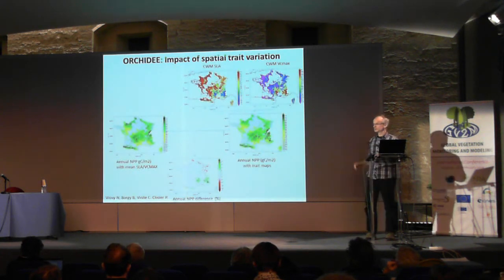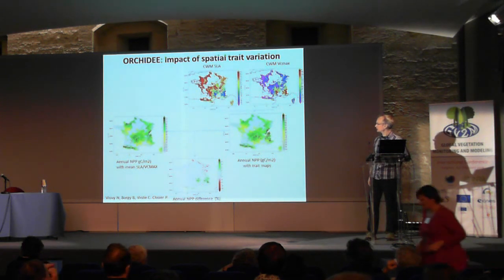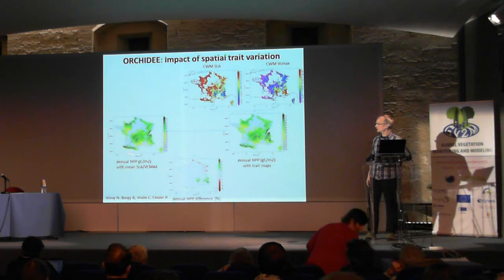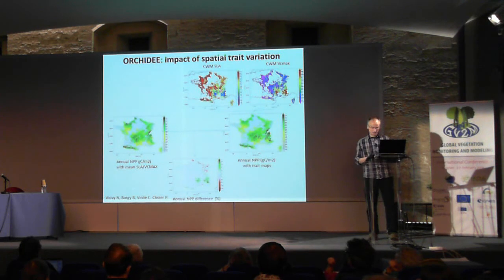We then implemented this into the French vegetation model. Here you see the trait for specific leaf area, and here the trait for grassland photosynthetic capacity. Nicolas implemented this into the ORCHIDEE model and compared it to the standard version of the ORCHIDEE model, and sees some differences, but also some consistency.